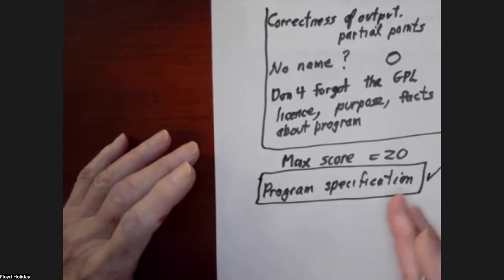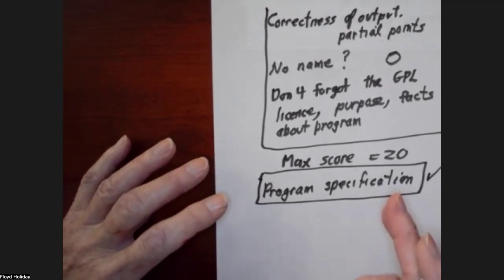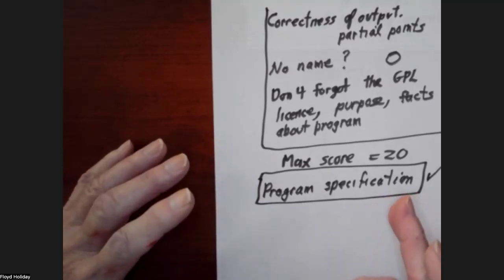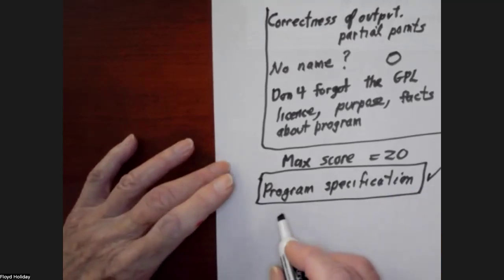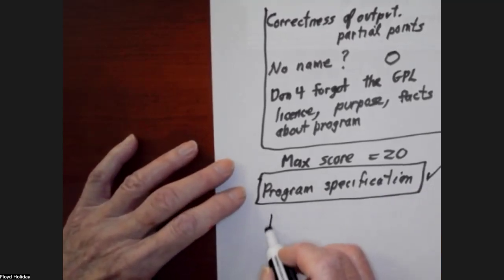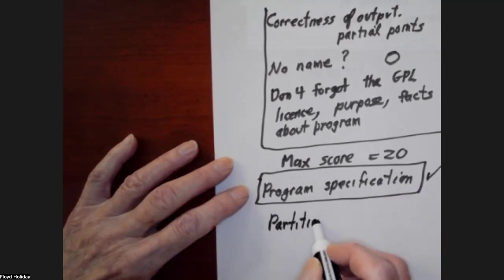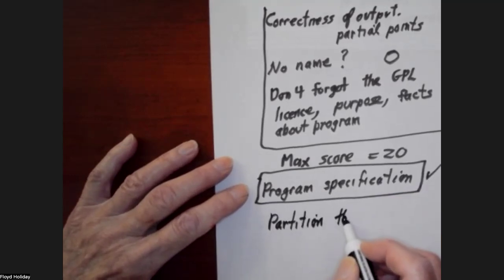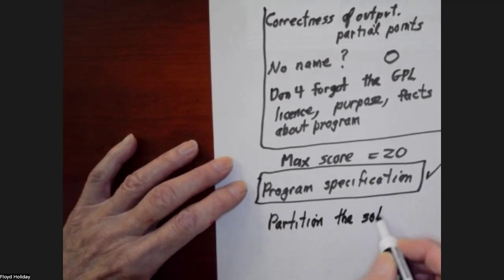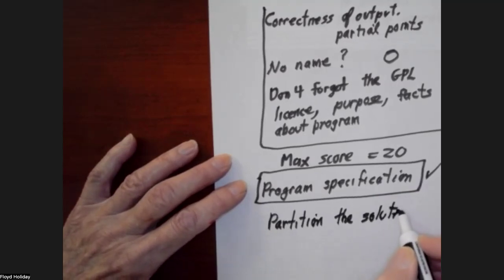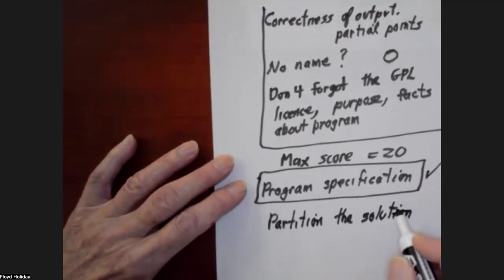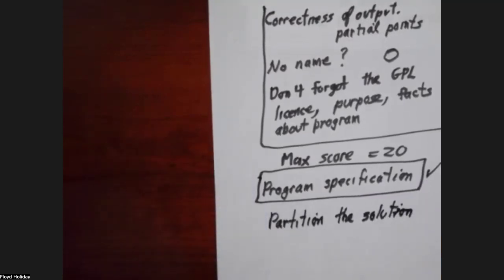Okay, when your company starts working on a big specification like that, a requirements document, one of the things that happens is partition the solution into manageable pieces.